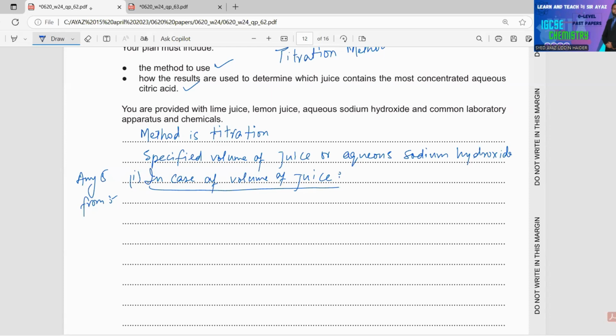Add acid alkali indicator to the juice. Name the indicator you are using.